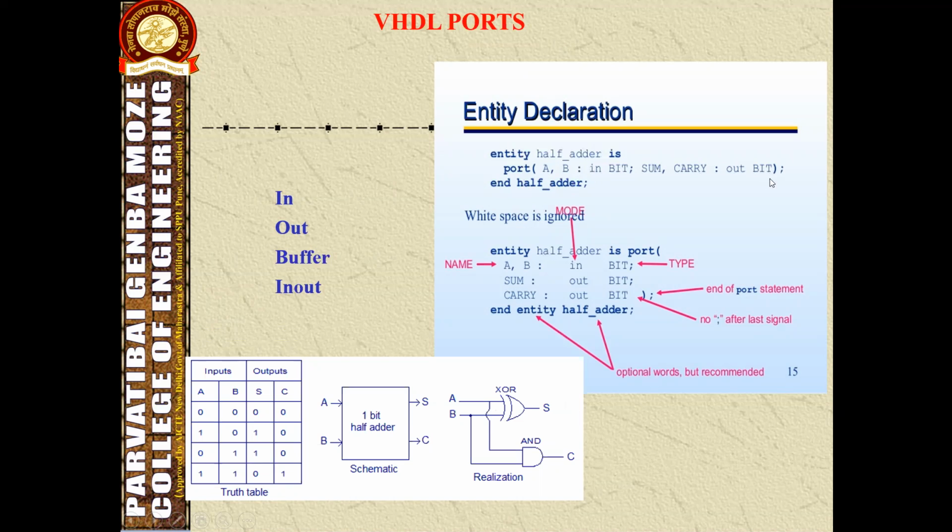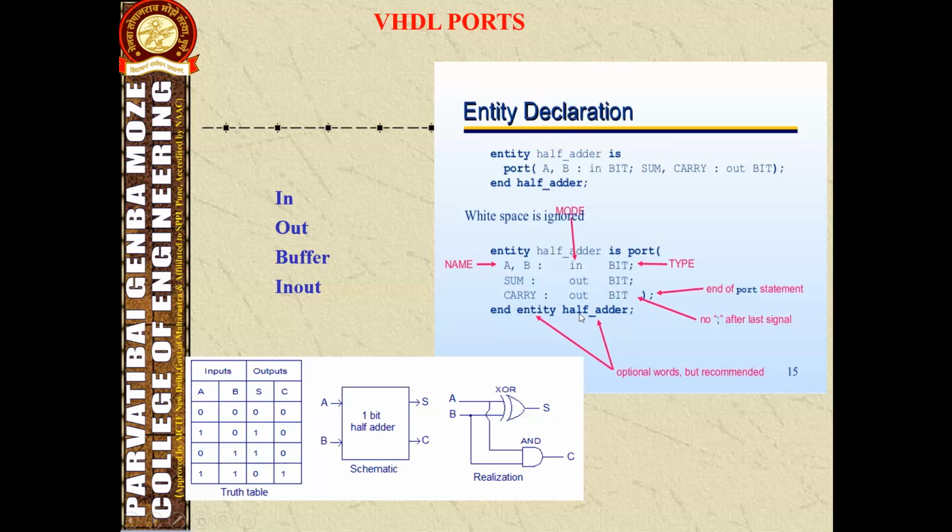After declaring the port information, the word end, which is also a predefined word, should be used, followed by the entity name. So end half adder semicolon. This is the entity declaration.